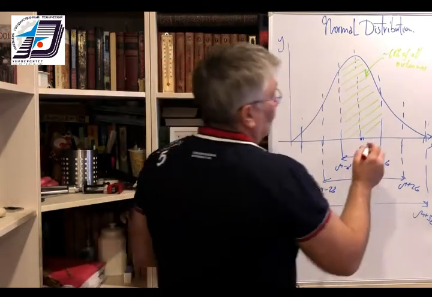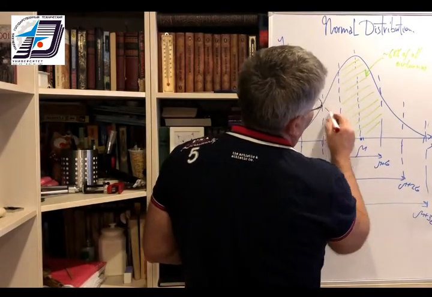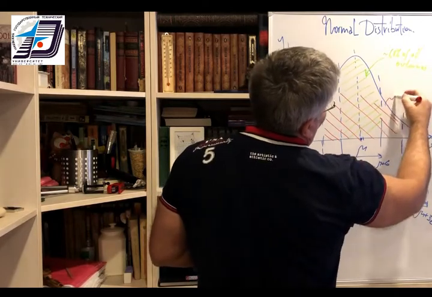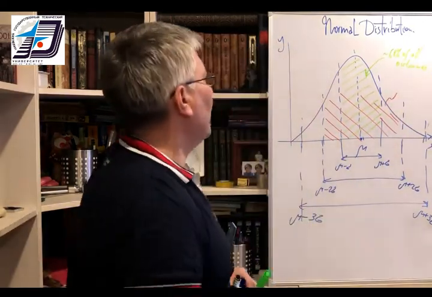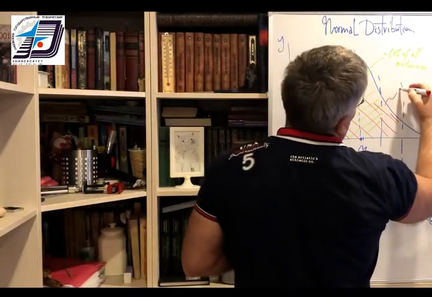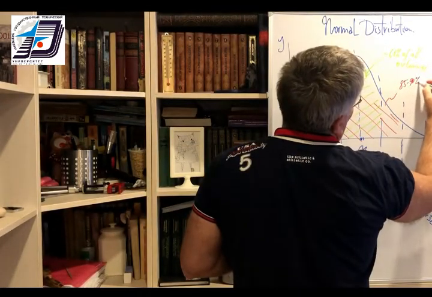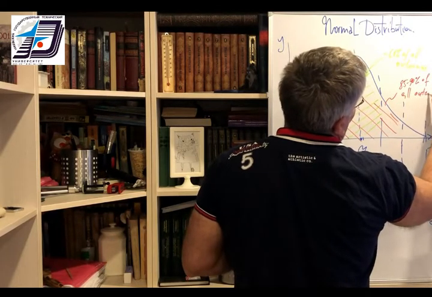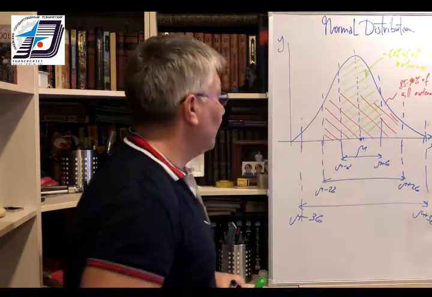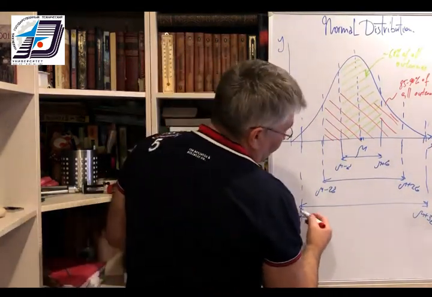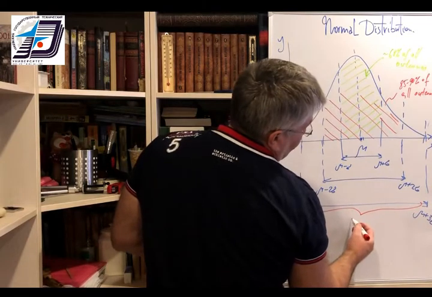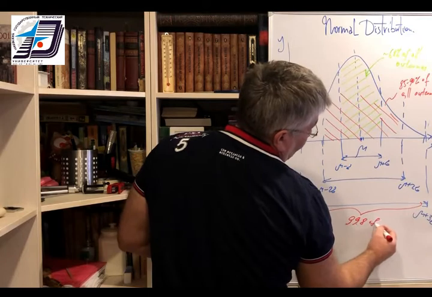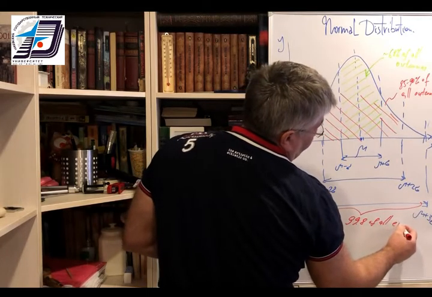Okay, this red shaded area covers about 95% of all outcomes during your experiment, and the 3 sigma area covers about 99.8% of all experiments.